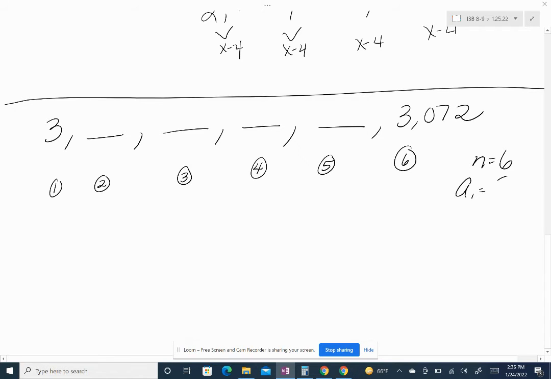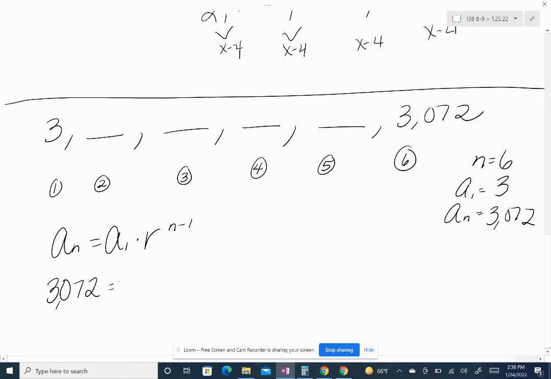My first term is 3, and my nth term is 3072. So I'm going to use that same formula. The nth term is equal to the first term times r to the n minus 1. So 3072 is equal to 3 times r to the 6 minus 1.